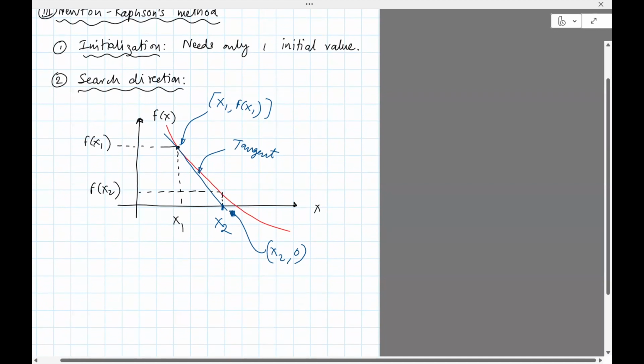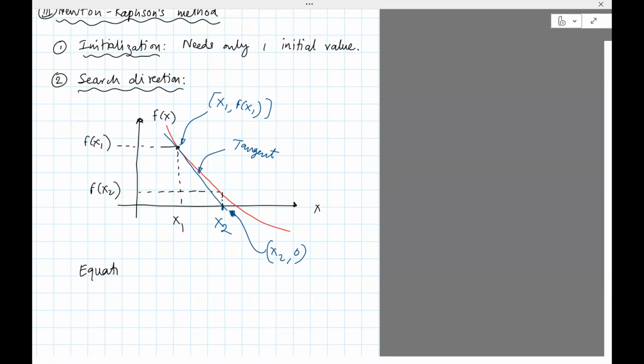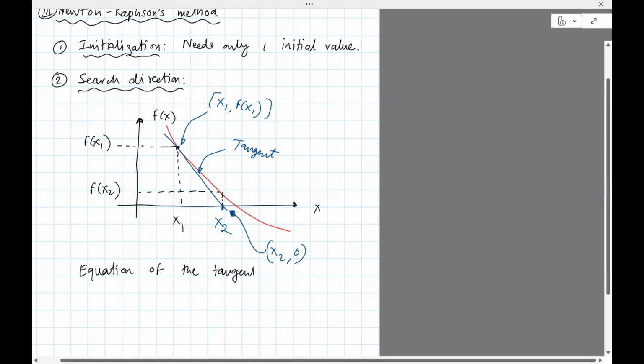I need to write a formula for how x2 is computed. So the equation of a straight line: the straight line passes through x1, f of x1. So the equation of the tangent, we know 2 points on the tangent.